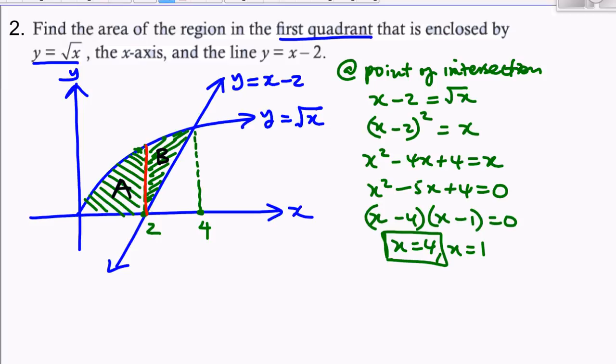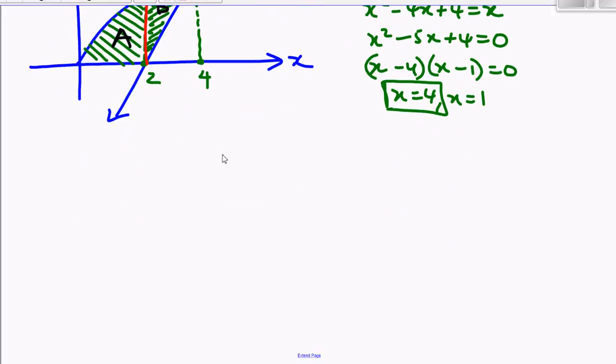Now that we have that, we can start finding the areas of A and B. I'll just scroll down to create more space.